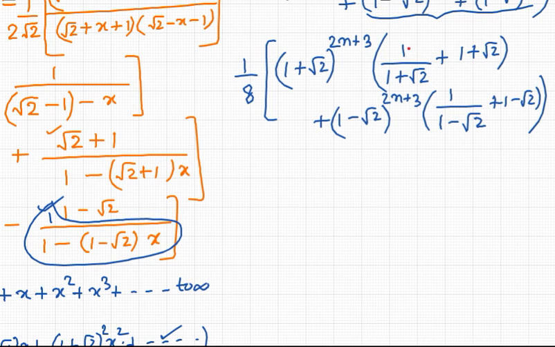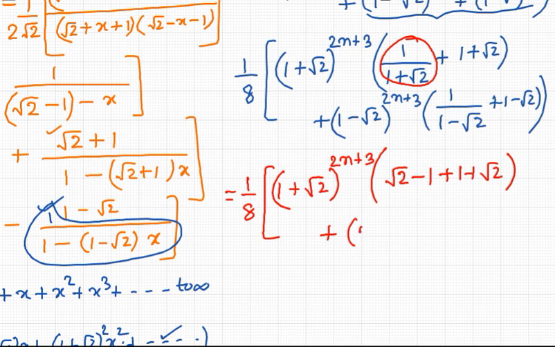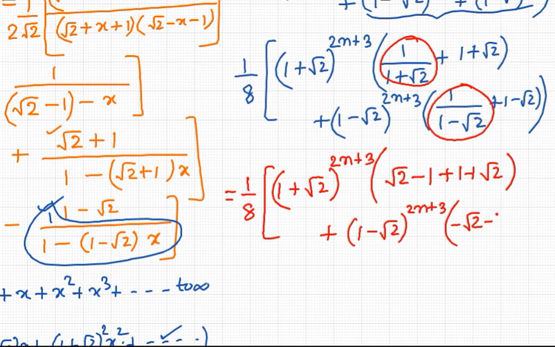Now 1 by (1 plus root 2) can be written as root 2 minus 1 using rationalization, plus (1 plus root 2), and for the other one, 1 by (1 minus root 2) can be written as minus root 2 minus 1.